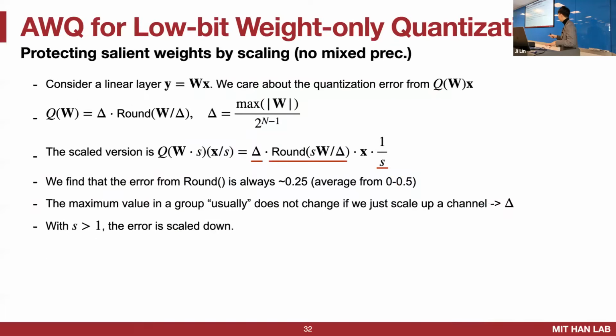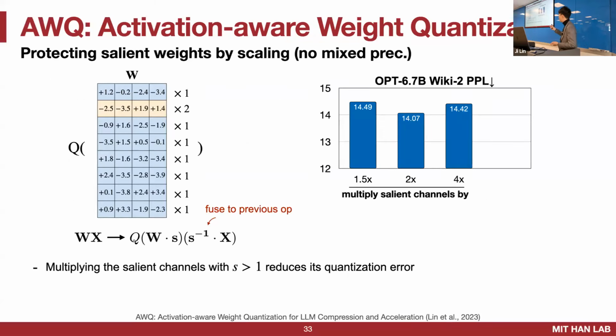So here is some math that we put into analysis for the quantization process, but due to the time limits, maybe we don't have time to go over it. Basically, one interesting thing we find is that if you simply scale up the salient channels by a number, for example by 2, multiplied with the second channel before quantization, and of course, similar to SmoothQuant, you need to inversely scale the activation so that the output does not change.